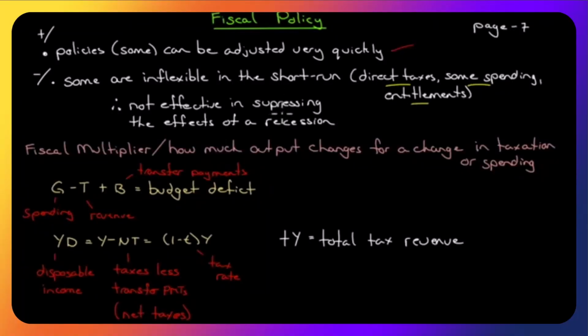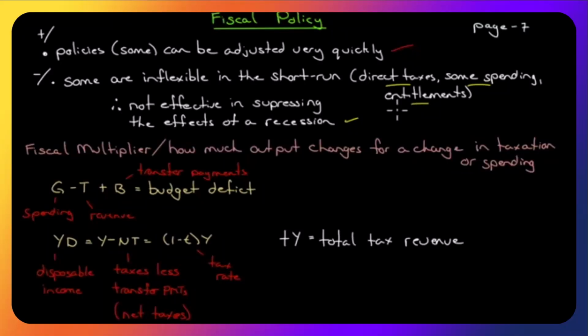Therefore, it is not very effective in suppressing the effects of a recession. That would be the con argument against using fiscal policy as well. Listen, by the time you implement it and get it ready to go, it's not going to work out very well. We're going to revisit that thought a little later on at the end of the video.